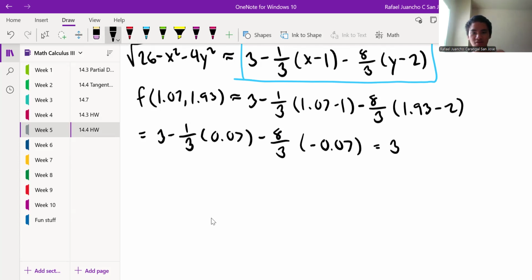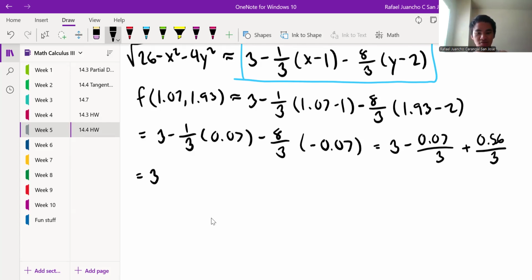I'm going to say 3 minus 0.07 over 3 plus 0.56 over 3. And I can simplify this even more. 0.56, I subtract the 0.07.